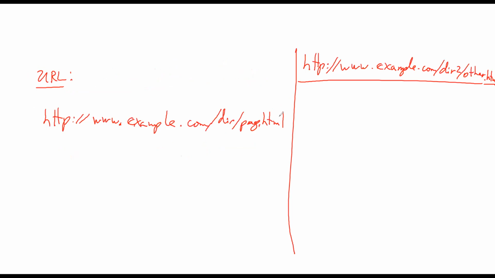So therefore, do they have the same origin? Yes. Yes, that's right. And what does that mean, that they have the same origin? It means that JavaScript in this page can access the cookie, the resources, the JavaScript DOM of this other page. Do you understand?